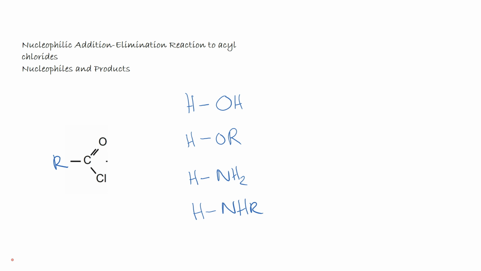Now, we said before that we could have one of 4 possible nucleophiles. We could have water, we could have an alcohol, we could have ammonia, or an amine react.